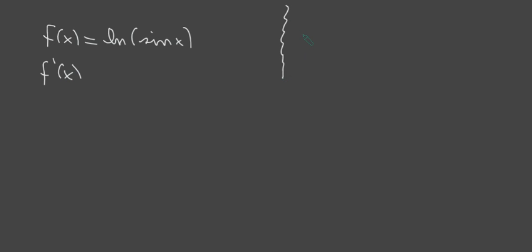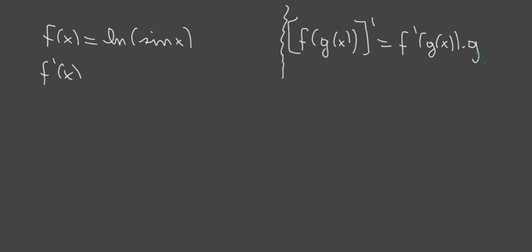When we have f of g and we want to differentiate this expression, this will be the derivative of f, the outermost function, computed in the innermost function as an argument, times the derivative of the innermost function. This is the rule. So let's do it here.